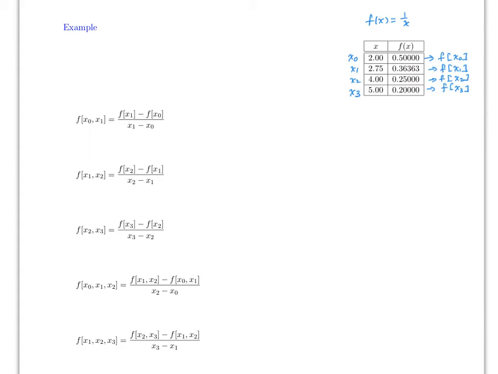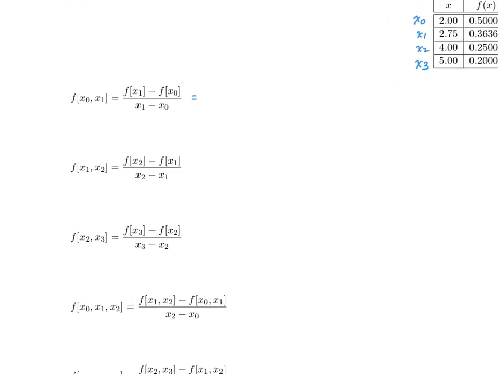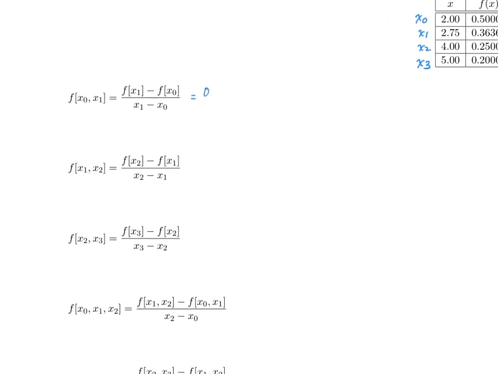So therefore f of x0, x1, this is the formula, so this will be 0.36363 minus 0.5 divided by 2.75 minus 2.0, and this is minus 0.18183. I'm going to use 5 digits because that's what I used in the previous sections, but like I said before, there's nothing special about 5 digits.